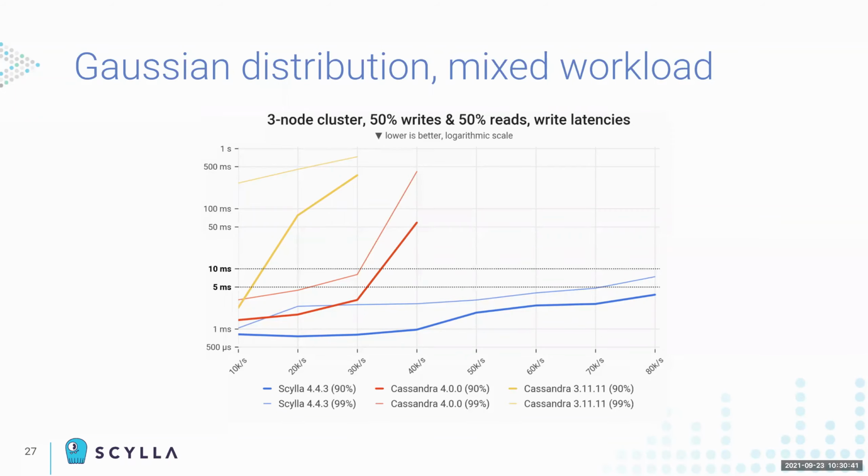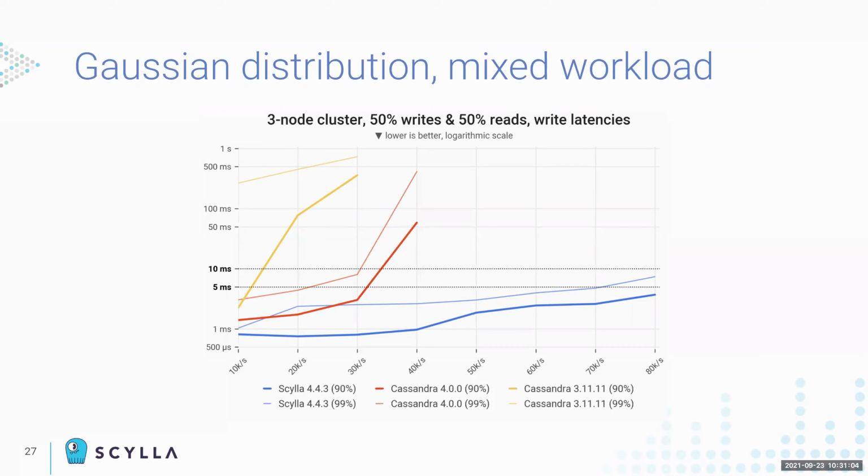So the big question now is, is it enough to catch up to Scylla in terms of performance, or is the gap still too big? So let's go over the same tests as before, but this time with the Scylla results included in the graphs.